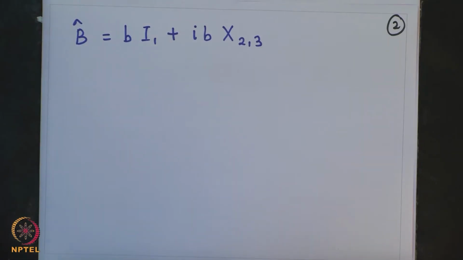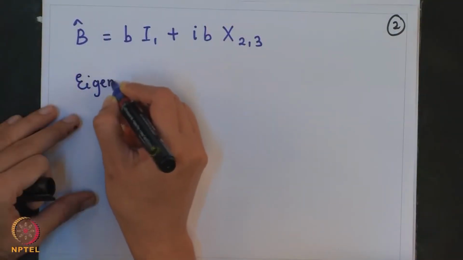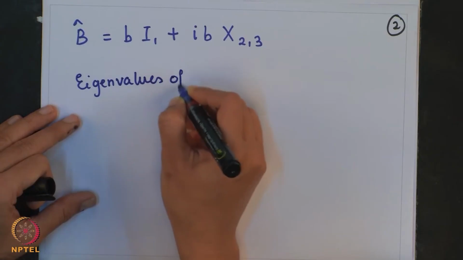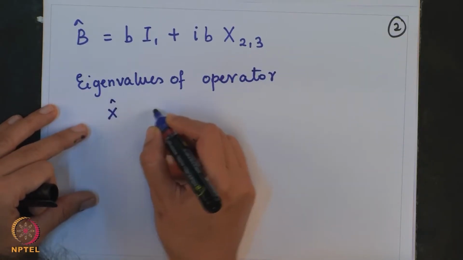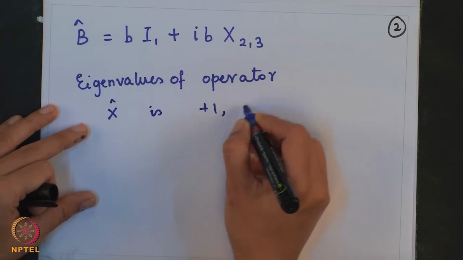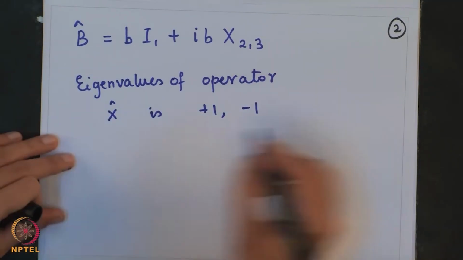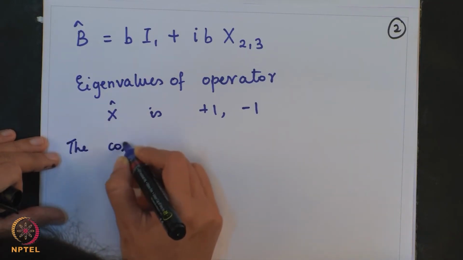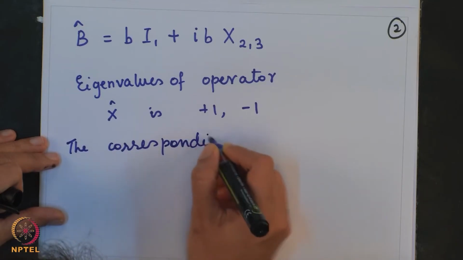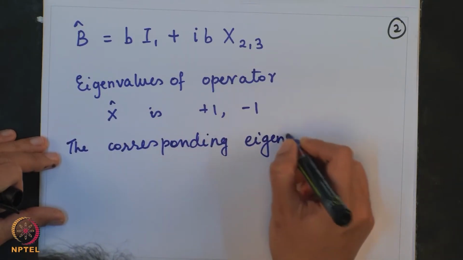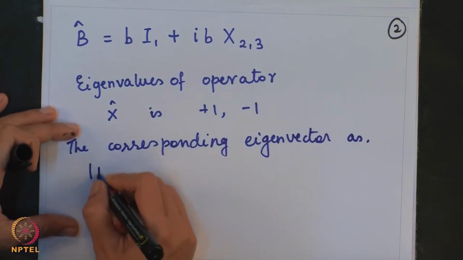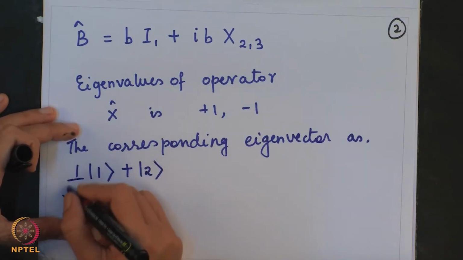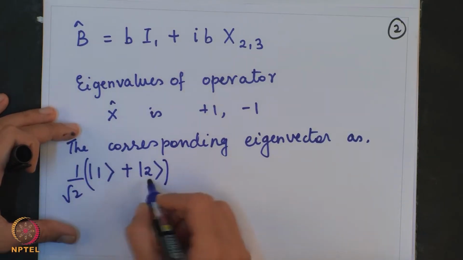So, let me write the eigenvalues of X: they would be plus 1 and minus 1, and you can write the corresponding eigenvectors as 1 by root 2 times ket 1 plus or minus ket 2.